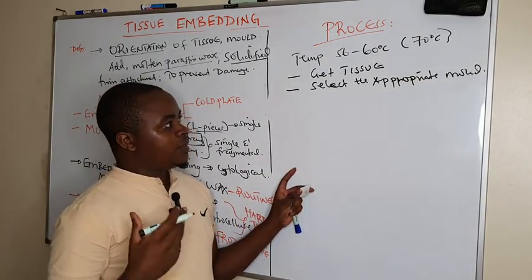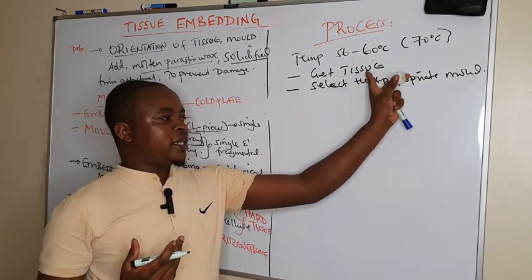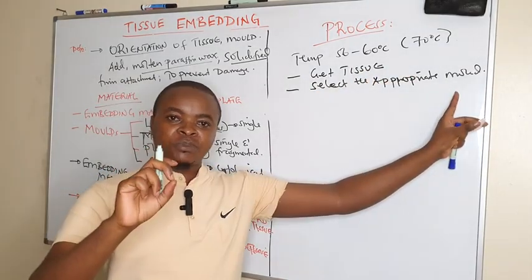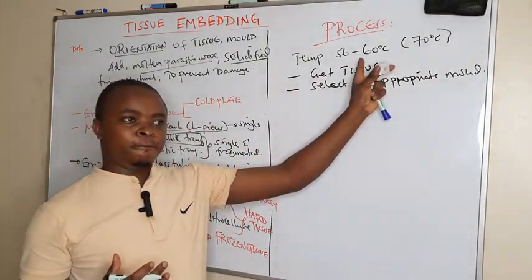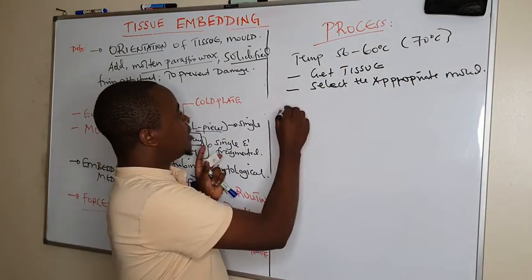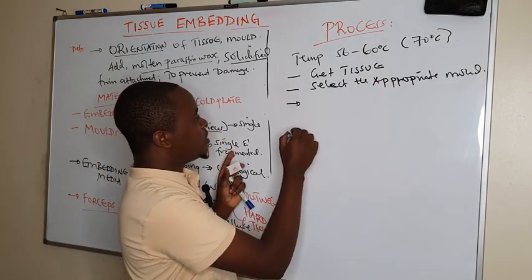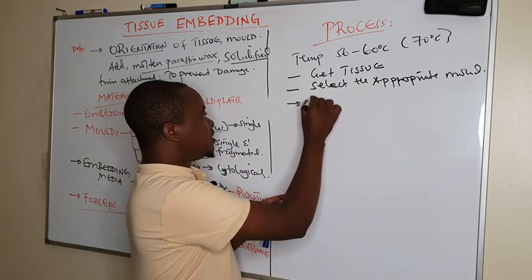After obtaining the mold, both the tissue cassette, the mold, and the forceps used should be clean and pre-warmed at this temperature. Then after that, that's when we shall use the forceps and we orient the tissue.